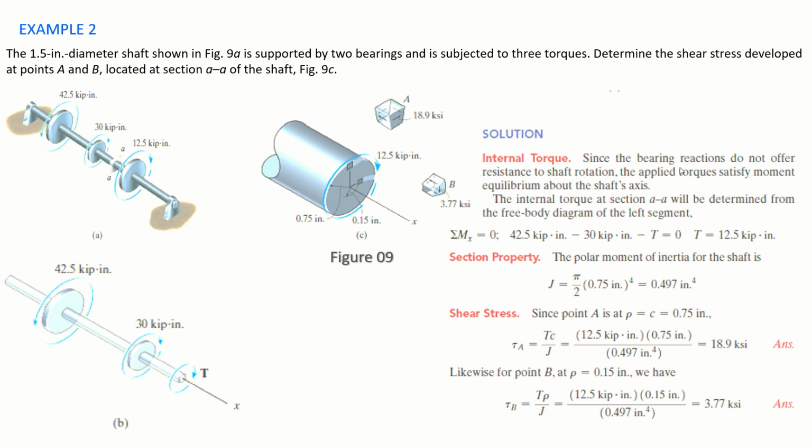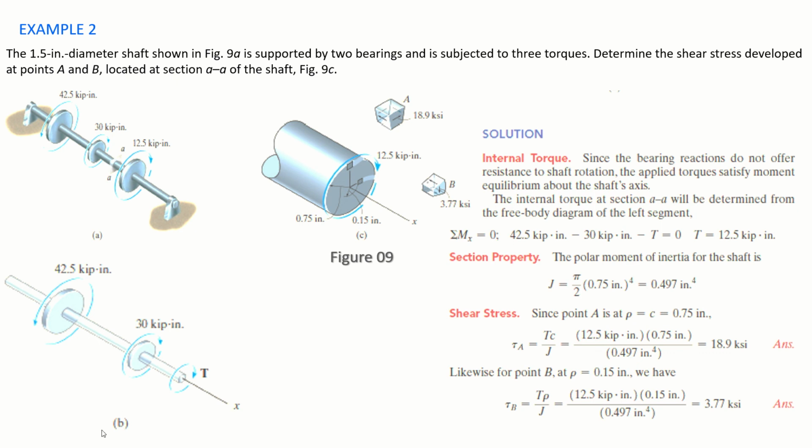Since the bearing reactions do not offer resistance to shaft rotation, the applied torque satisfies moment equilibrium about the shaft's axis. The internal torque at section AA, this is your section AA, if you are seeing it, will be determined from the free body diagram of the left segment. We consider the left segment to the AA.